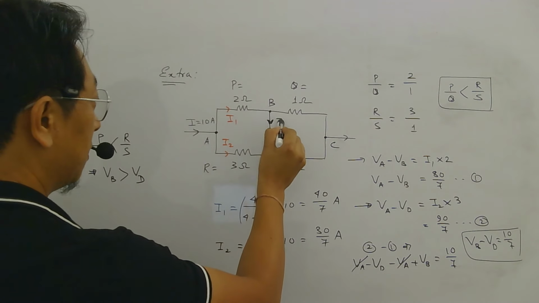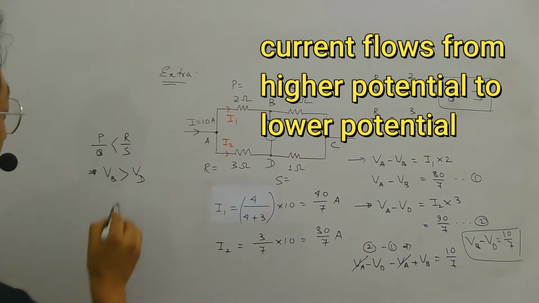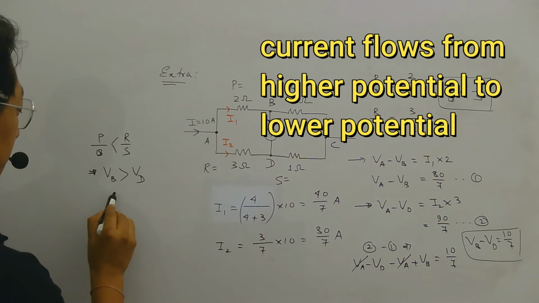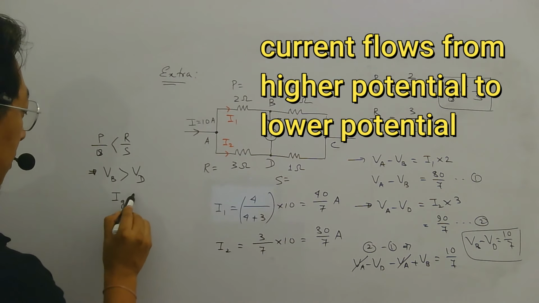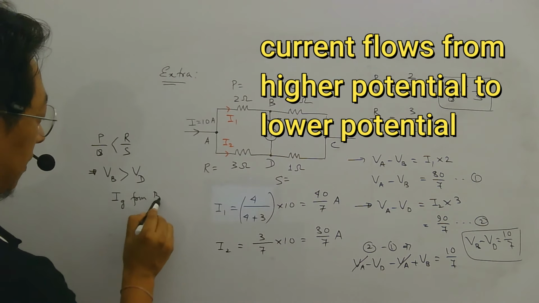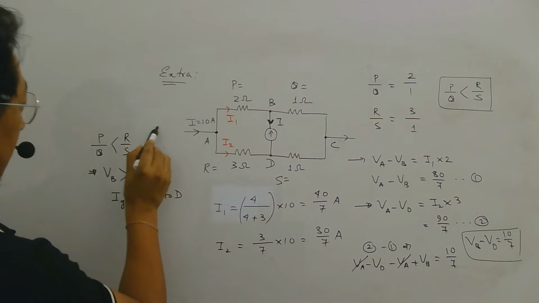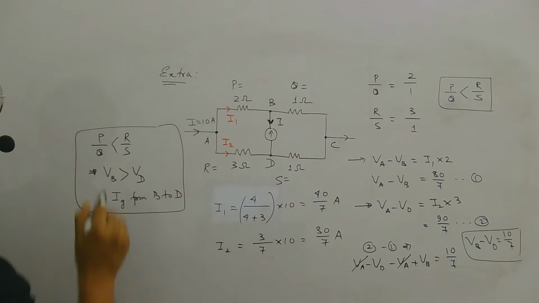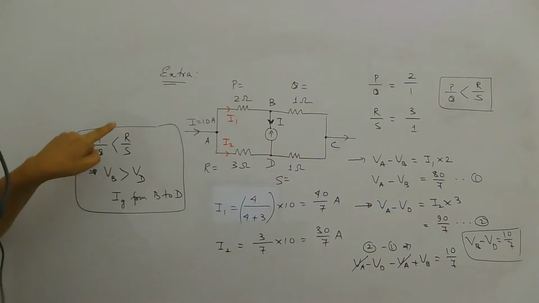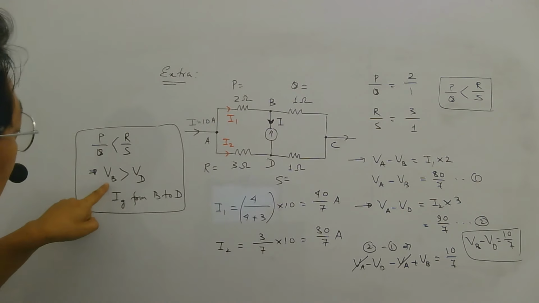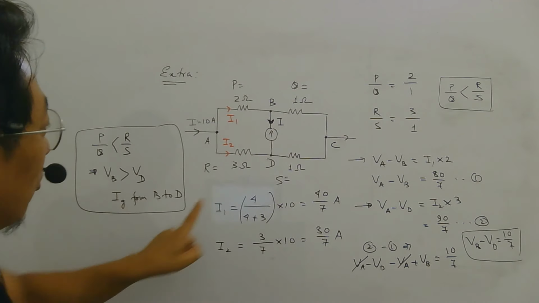Down means from B to D. So here the current in the galvanometer will be from B to D. And the other one will be what? If P by Q is greater than R by S, then VB will be less than VD. Current will now go up.